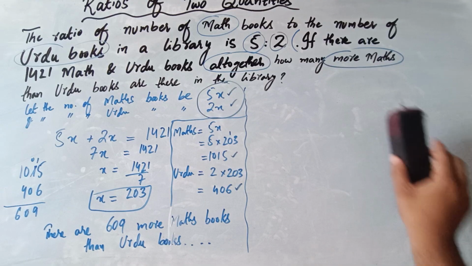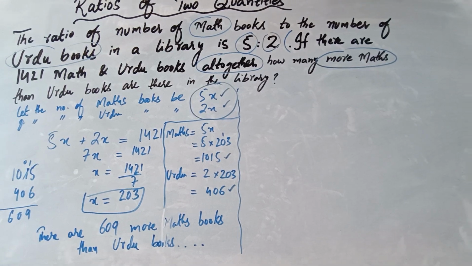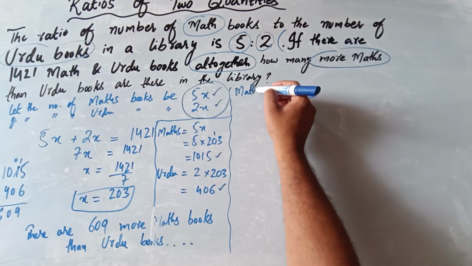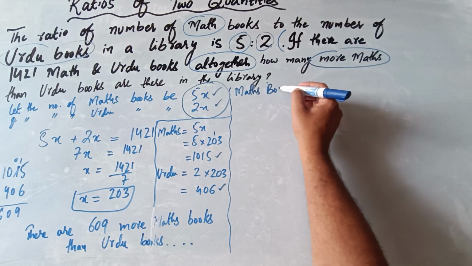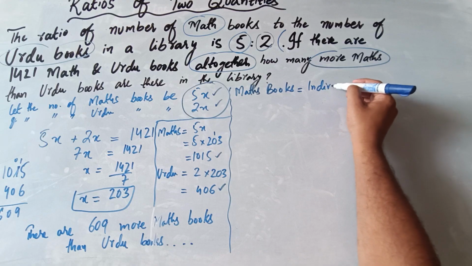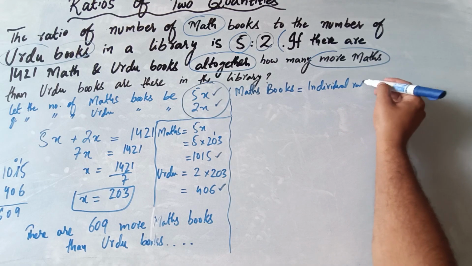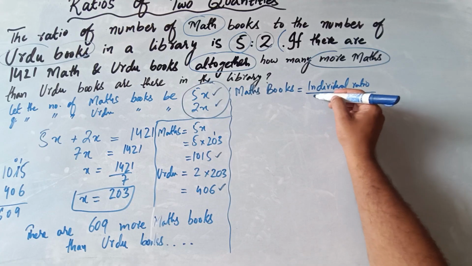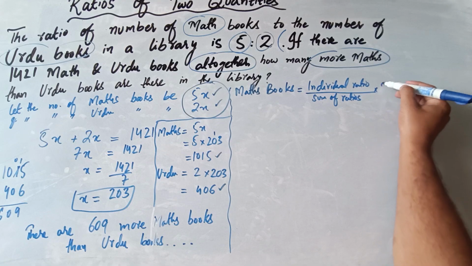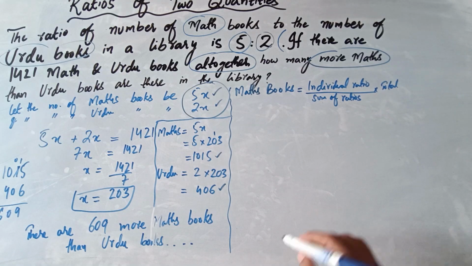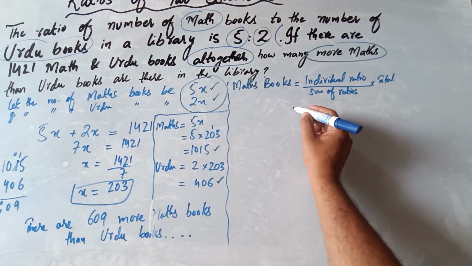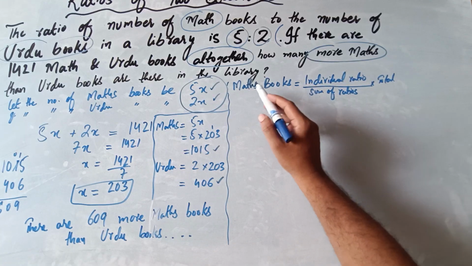books in the library. Here is another method to find out the same problem. We can find maths books directly. Maths books is equal to the individual ratio divided by the sum of ratios, multiplied by the total.